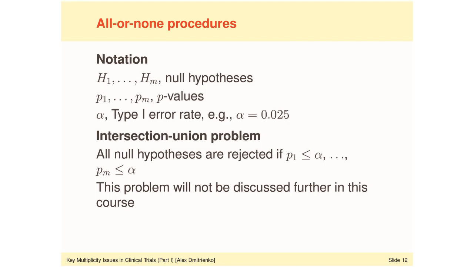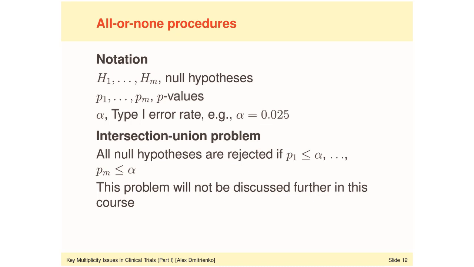So how do we set up all or none testing procedures in trials with this inferential goal? The solution is in fact quite straightforward, almost trivial, and I'm going to explain how it works on this slide. It only takes one slide to define the appropriate class of procedures.